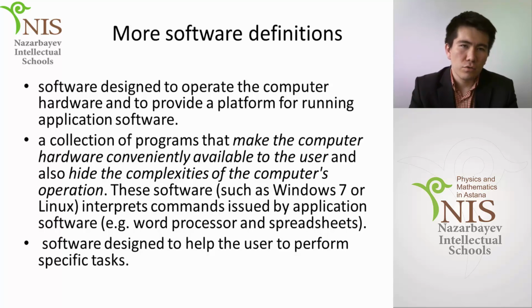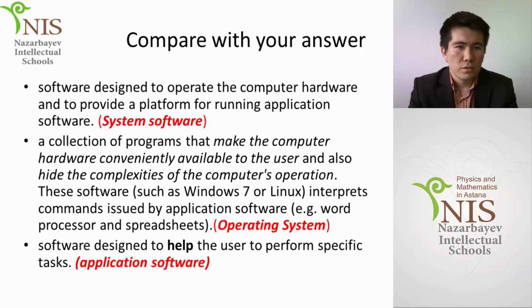Okay, let's have a look at the answers. So the first one is a system software designed to operate the computer hardware and to provide a platform for running application. Of course, it's a system software. Second one, here you have some hints such as Windows 7 or Linux. It's obvious that this one is operating system. And the last one, the specific tasks.